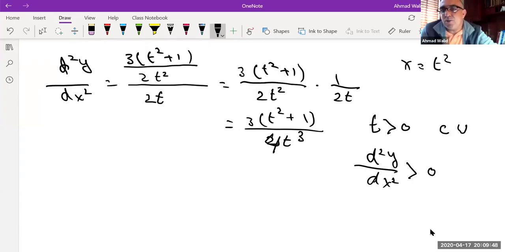For the values t greater than 0, you have concave up. For the values t less than 0, a negative number, plug in a negative number, you will end with a negative. It means your curve on that interval will be concave what? Downward.